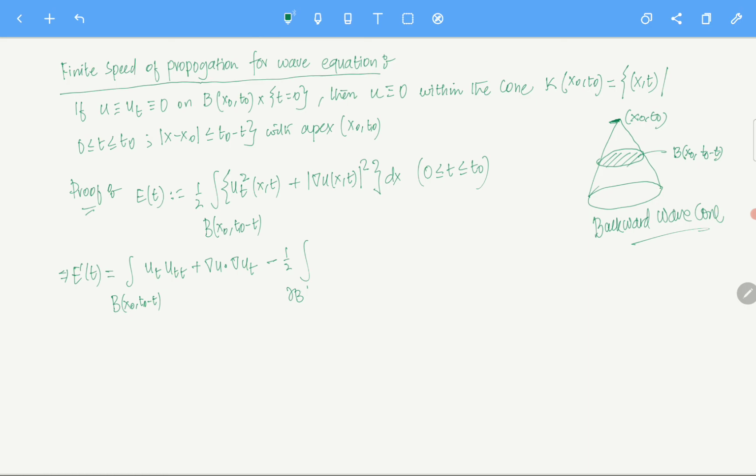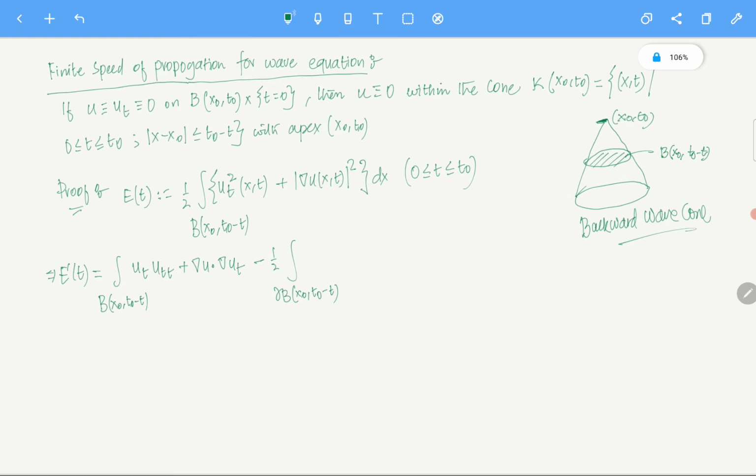Then over B(x0, t0 − t) you have the whole thing, u_t square plus gradient of u square dS. Clear? This is given by the integral over B(x0, t0 − t) of u_t.